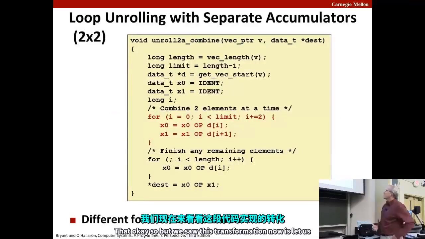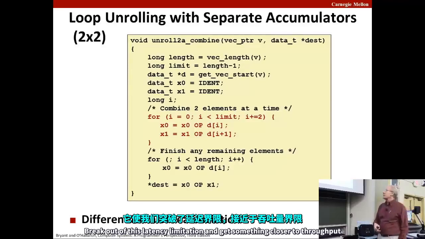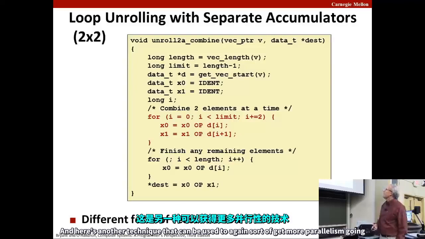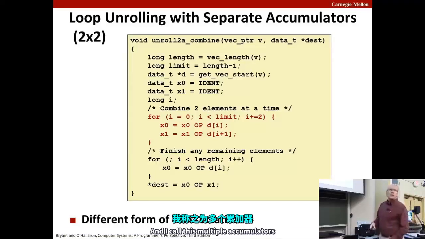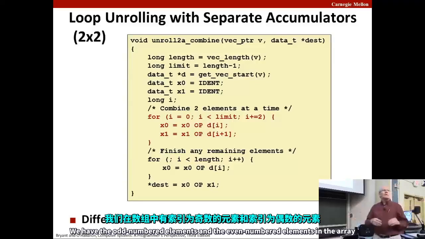Okay, so we saw this transformation has let us break out of this latency limitation and get something closer to throughput. Here's another technique to get more parallelism going, which I call multiple accumulators. The idea is, let's imagine that we have the odd numbered elements and the even numbered elements in the array.